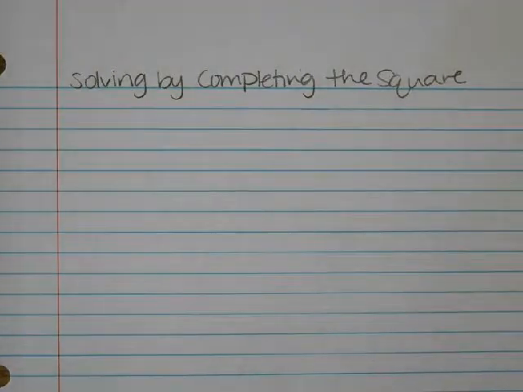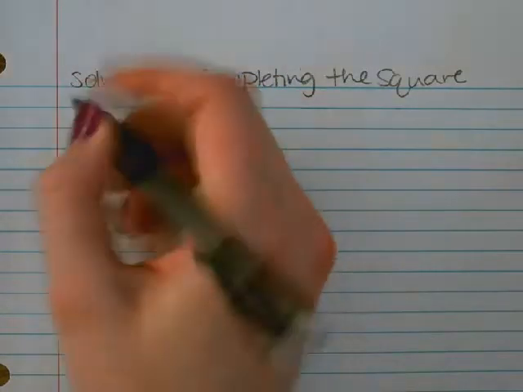The process of completing the square is going to be the same here, but we're solving for x, so that means our final answer is going to be x equals a number. So our final answer definitely looks different, but the process in the middle is going to be the same as what we just did.